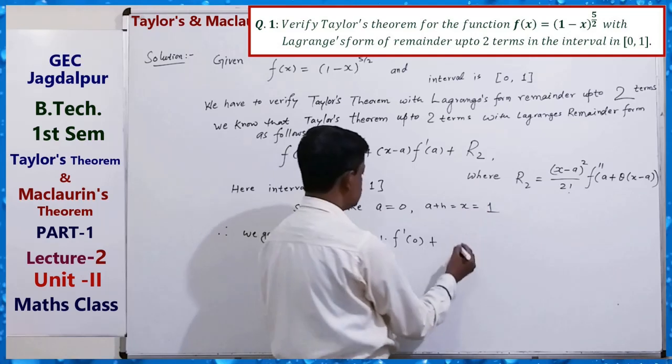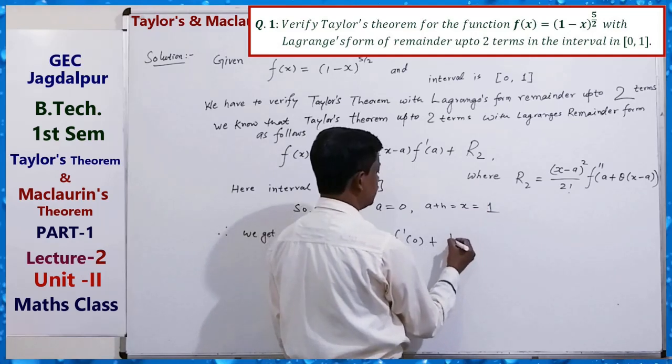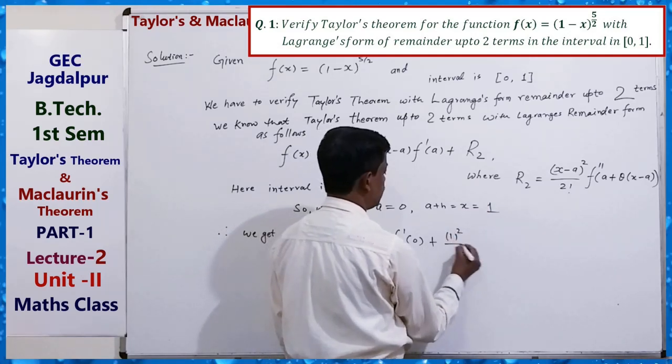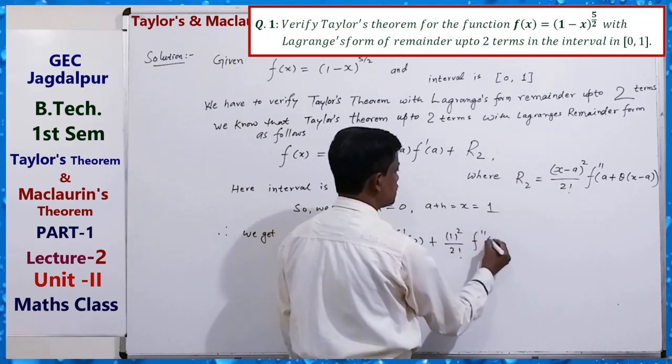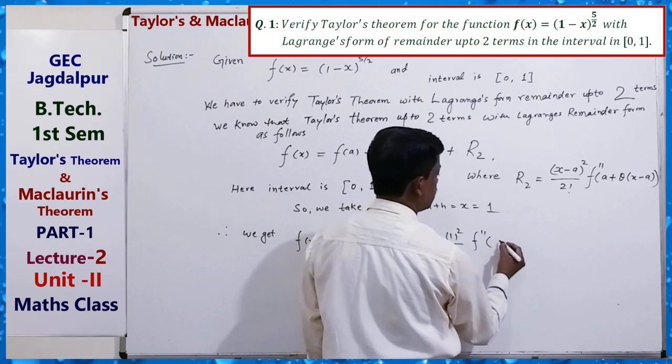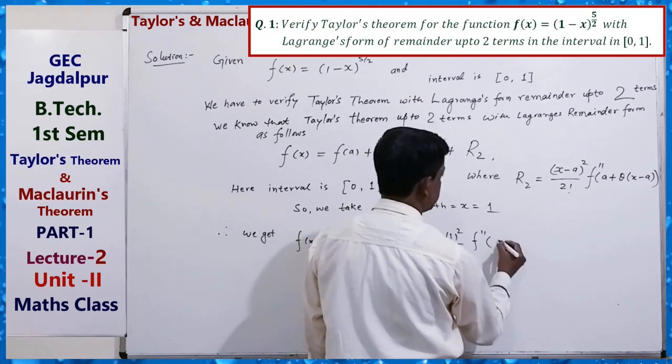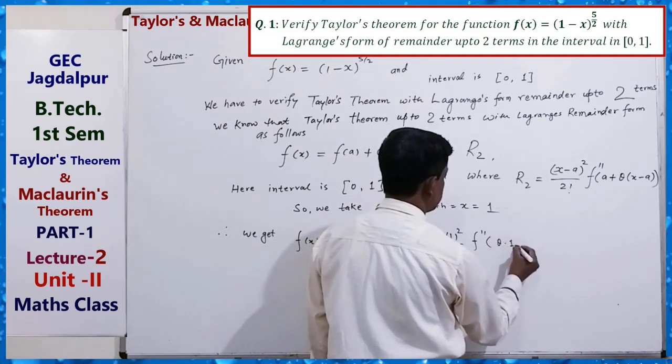R2 can be written as 1 square upon 2 factorial, f double dash of theta into 1.